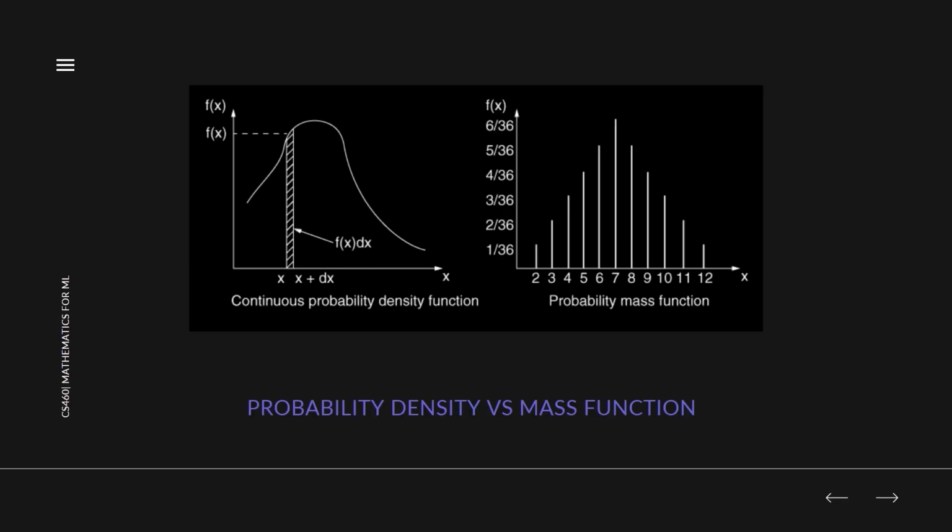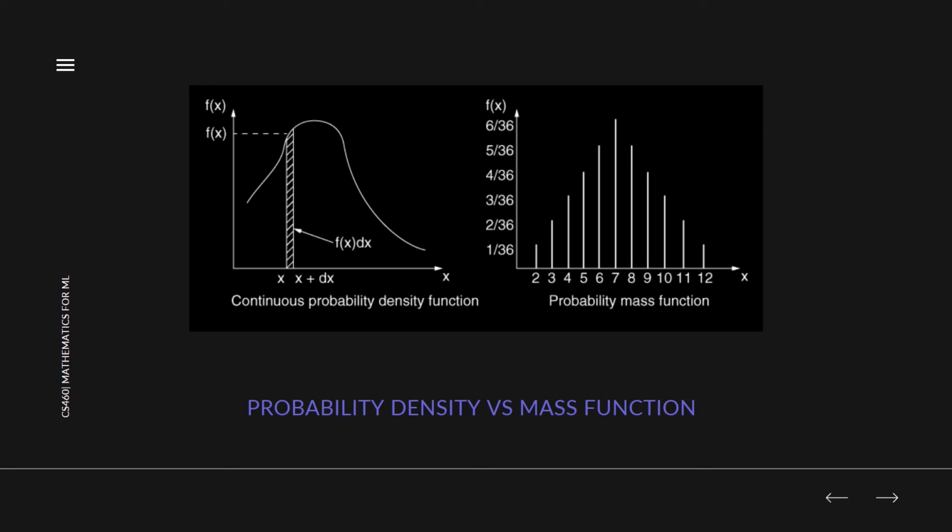As we can see, on our left we have the continuous probability density function graph, and on our right we have the probability mass function graph. In case of a discrete random variable, we get the probability mass function graph, on our right. Our x is fixed and finite, so we can get a bar graph, whereas in case of continuous, we get a density graph instead of a bar graph.